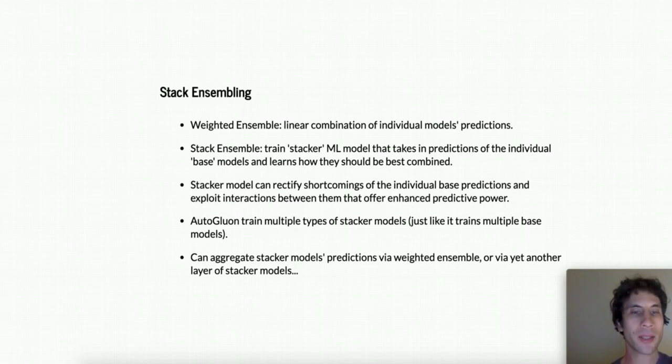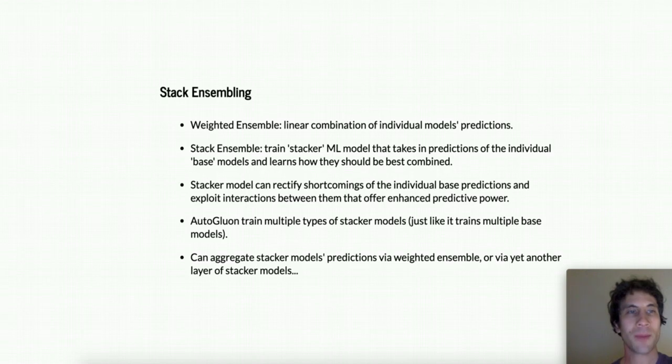Recall that in our weighted ensemble, we simply combined individual models' predictions via a simple weighted linear combination. However, why should this be the optimal method of combining predictions? In stacking, one instead trains another stacker model that takes in the predictions of the individual base models and learns how they should be best combined.